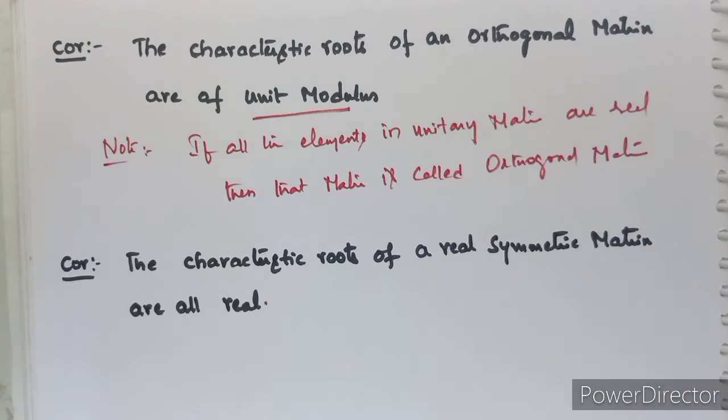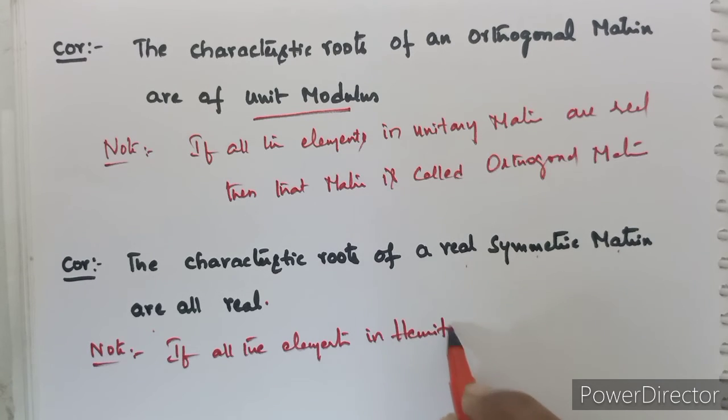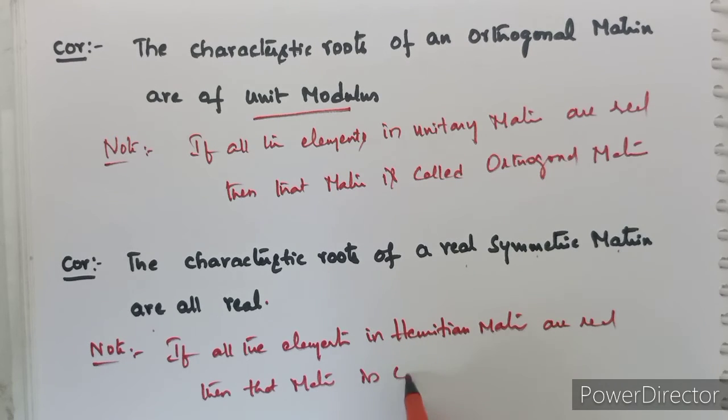Now we'll see one more corollary. The characteristic roots of a real symmetric matrix are also real. In the last class we have seen the characteristic roots of a Hermitian matrix are real. Here one important point is, if all the elements in a Hermitian matrix are real, then that matrix is called a real symmetric matrix.